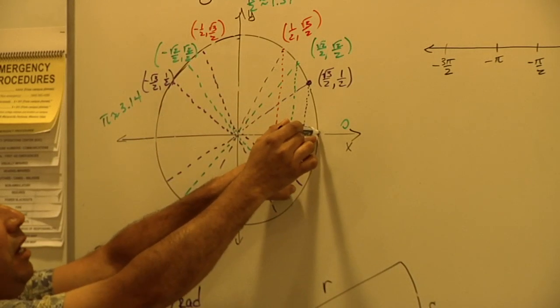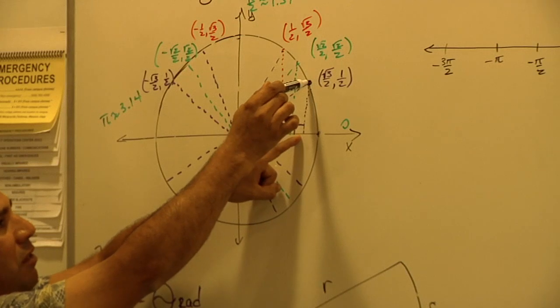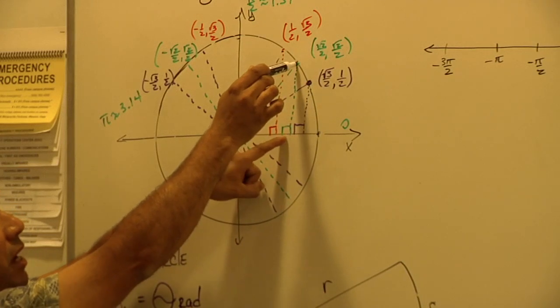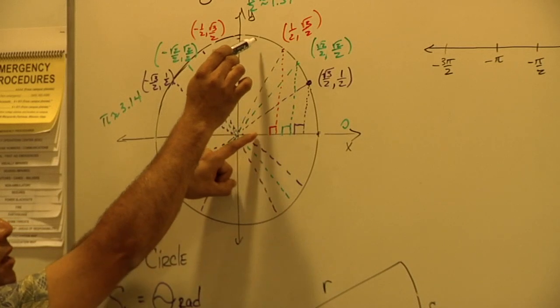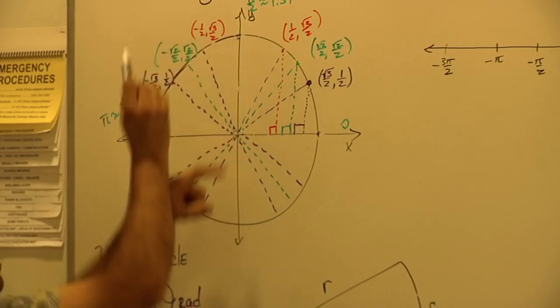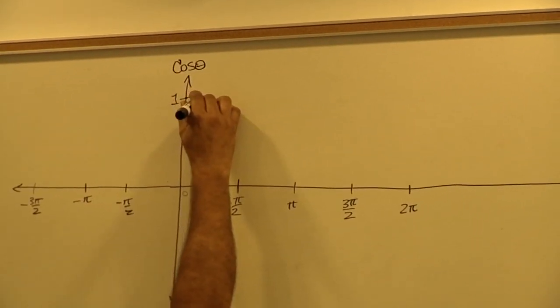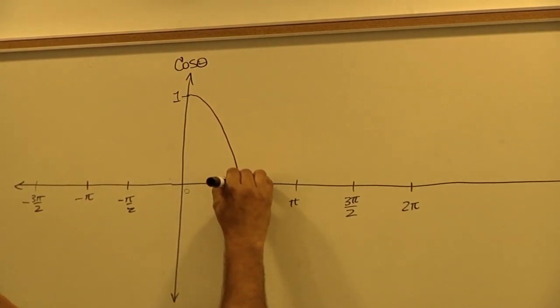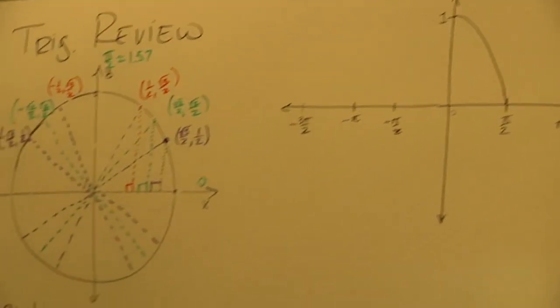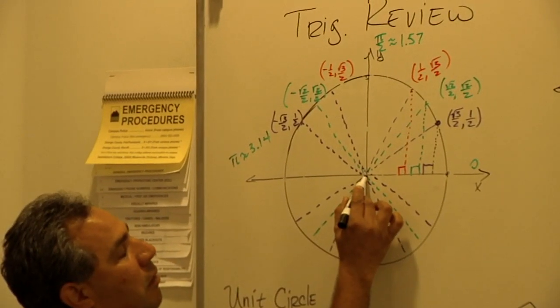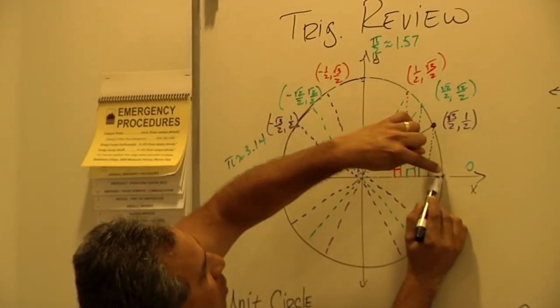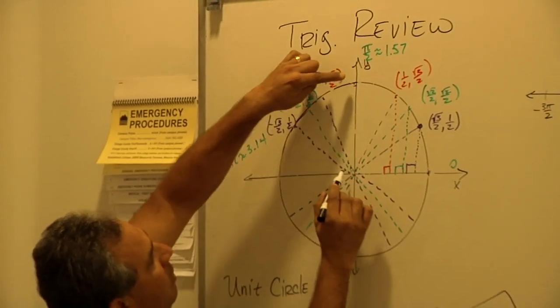X is 1 here, and as here x is root 3 over 2, here x is root 2 over 2, here x is 1/2, here x is 0, right? So I moved from 1 down to where? 0, right? I moved from 1 to 0 when theta right here moved from 0 to pi over 2.